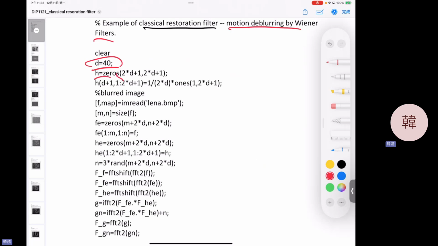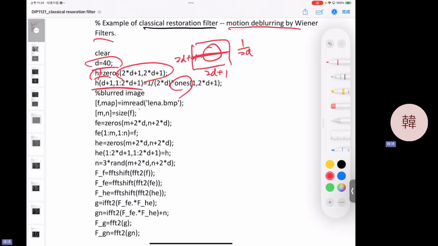H is 0, of size 2D plus 1 by 2D plus 1, all zeros originally. We define from D plus 1 to 2D plus 1, so D plus 1 is the center, and I have a horizontal line of ones. Just assign, and the value of this one is 1 divided by 2D.